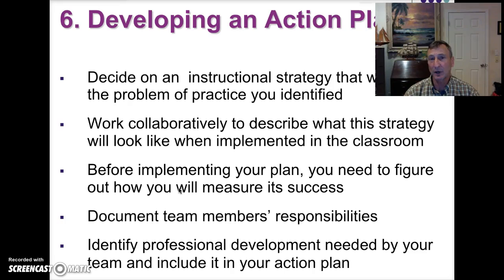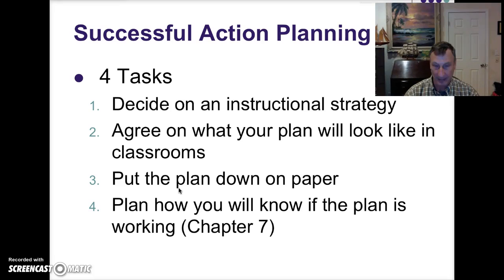And now here is where it starts to get uncomfortable, as mentioning to you, documenting the team members' responsibilities. Okay, that means that somebody will be responsible for making a change, and somebody will be responsible for implementing or providing resources to support that plan.